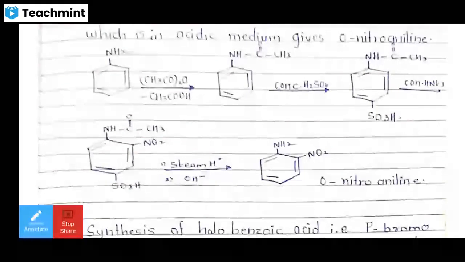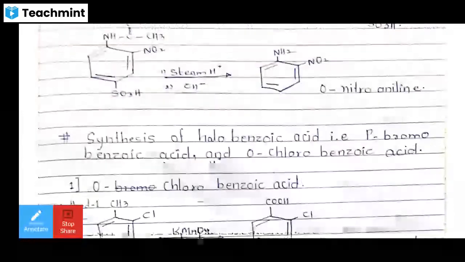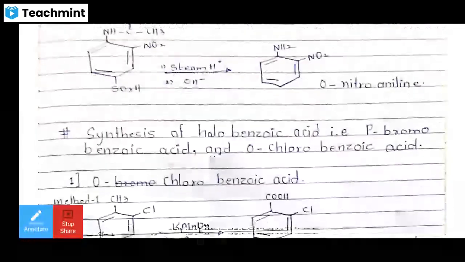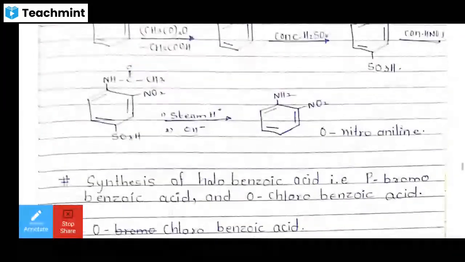SO3H is added at the para position. Then we will add concentrated HNO3, the nitrating agent, and the NO2 group is added at the ortho position, and then H plus or OH minus is added, and we will get the final product with the nitro group at the ortho position. Okay, ortho nitroaniline as the final product. So in this way the reaction is performed.